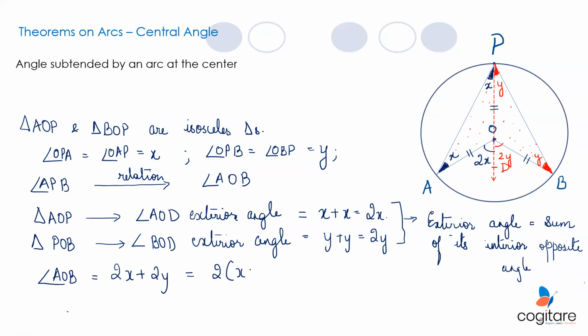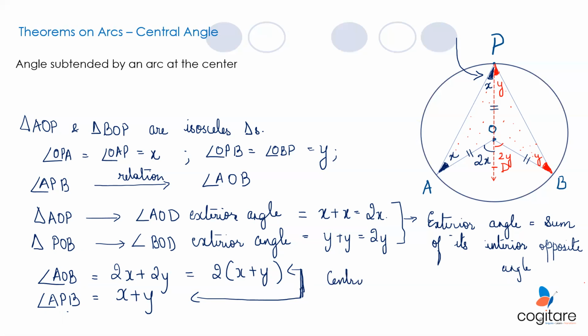Or when 2 is taken common, you get 2 into x plus y, right? In the meantime, what is the measure of angle APB? It is, as you can see in the diagram here, x plus y. So clearly, when you compare these two equations, you will see that one is twice the other.